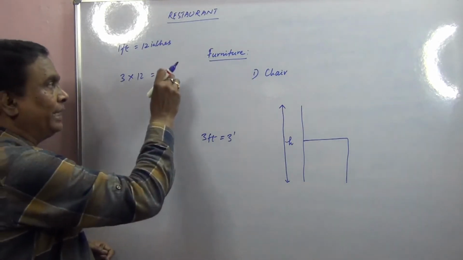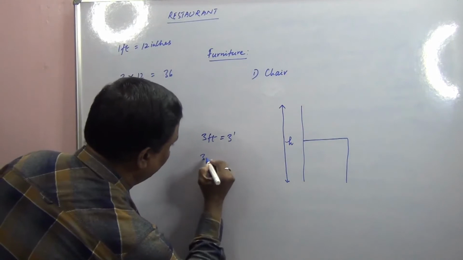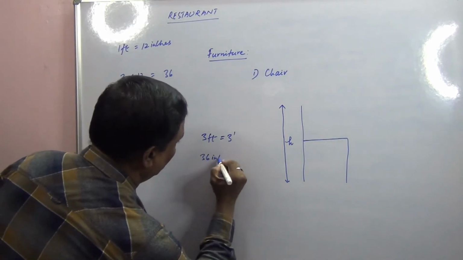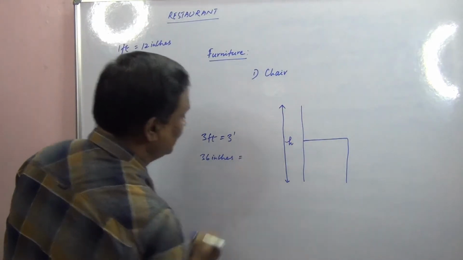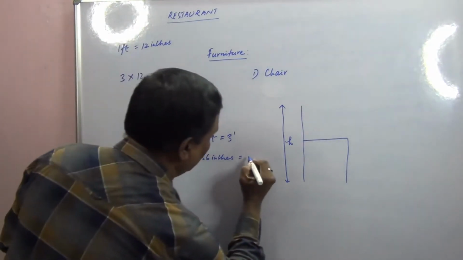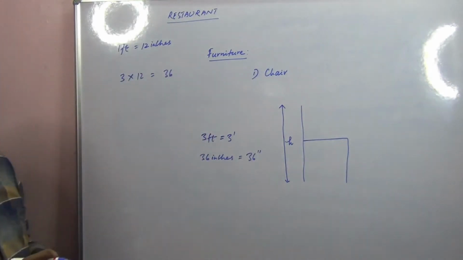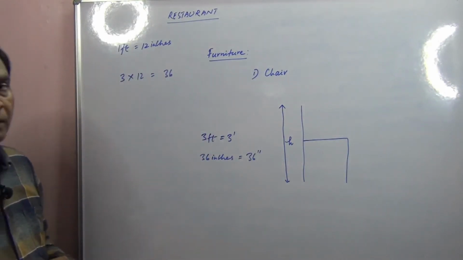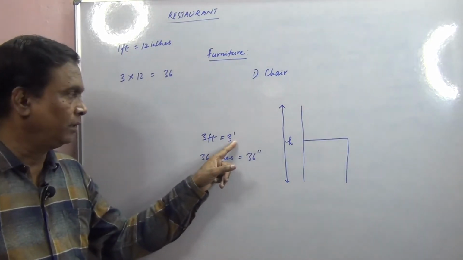So you can write 36 inches like this. 3 feet equals 3 feet like this.